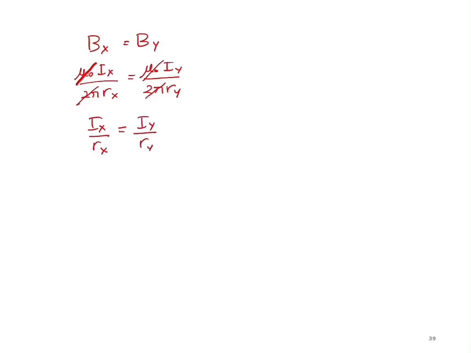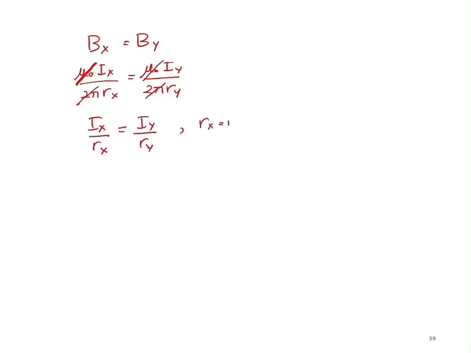Start off from Bx equal to By. Bx is mu naught Ix over 2 pi Rx, equal to mu naught Iy over 2 pi Ry. Then you can cancel out mu naught and also 2 pi, so we are left with Ix over Rx equal to Iy over Ry.